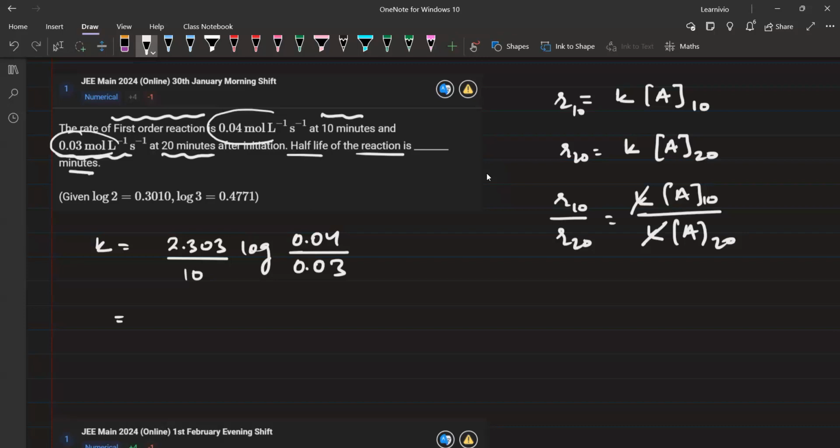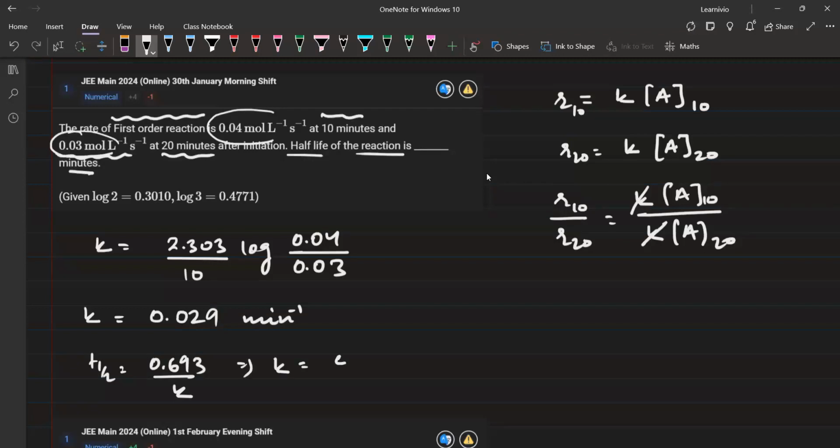Fine. K will be equal to 2.303 times this term. If you calculate this term, it is coming as 0.028, I guess, right? 0.029 per minute inverse. Now, once you have got the K, the T half is equal to 0.693 divided by K, and K is 0.029.